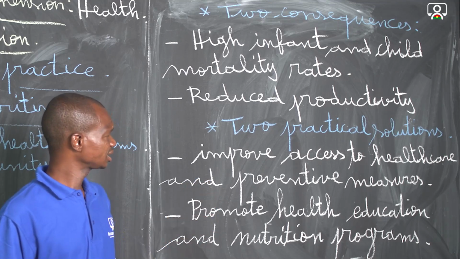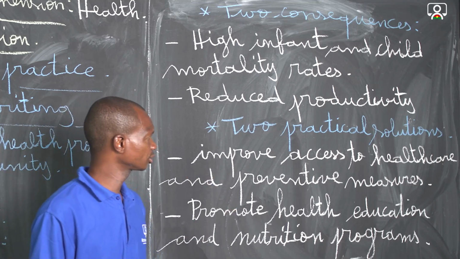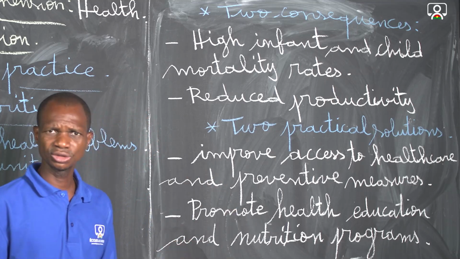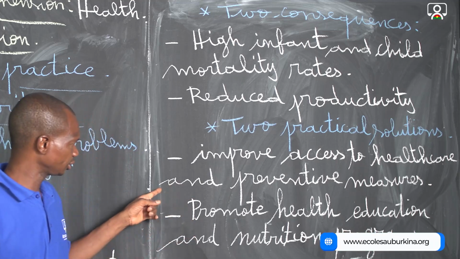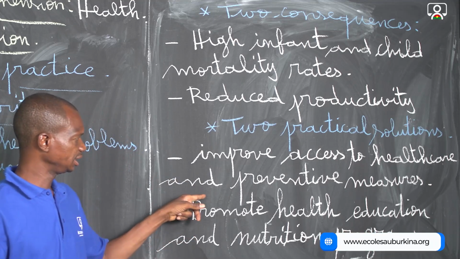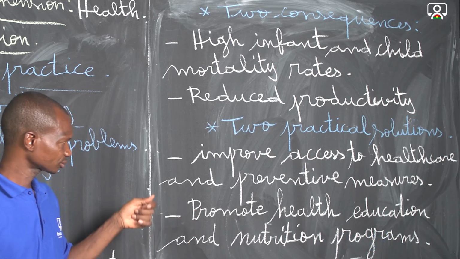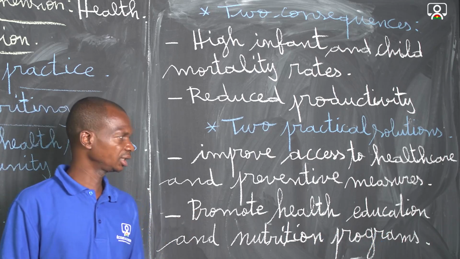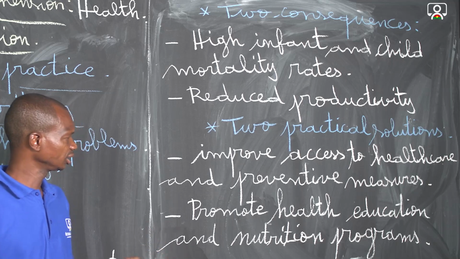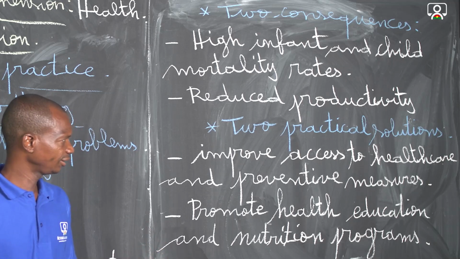Now, let's deal with the practical solutions. Here are two practical solutions. First, improve access to health care and preventive measures. The government can help people by improving access to health care.